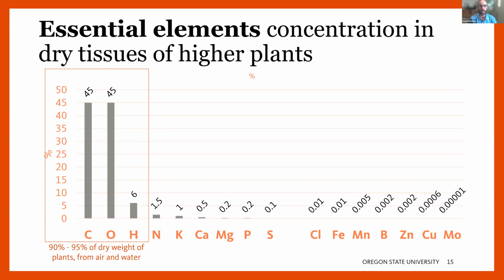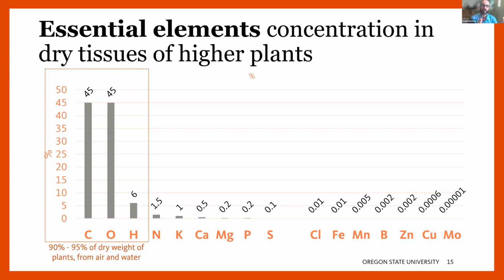And if you have a background in chemistry or high school chemistry, you'll see that it's, reading from left to right, carbon, oxygen, hydrogen, nitrogen, potassium, which is a K in this case, calcium, magnesium, phosphorus, and sulfur.